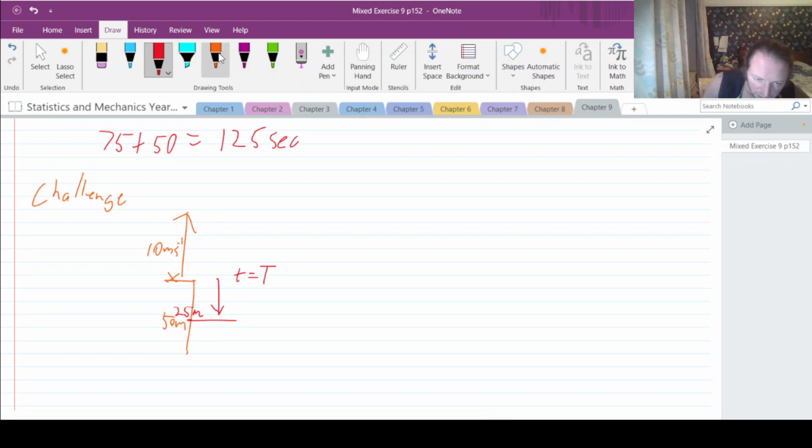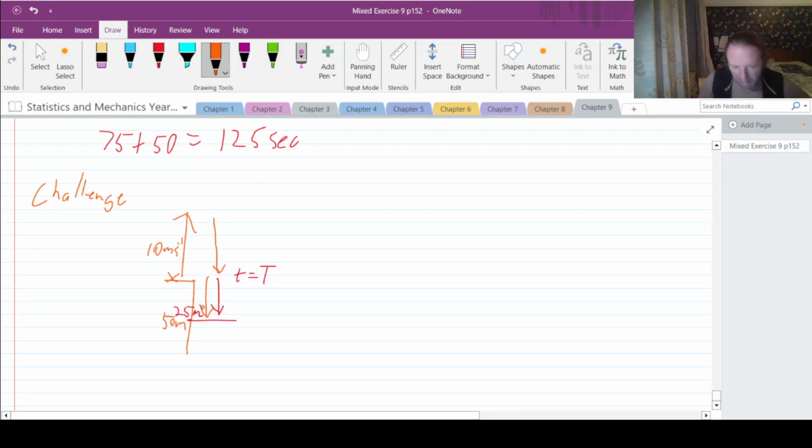So this orange ball has come down and then hit there. Find the value of t, how long it was until that got dropped, so that it gets hit from there.